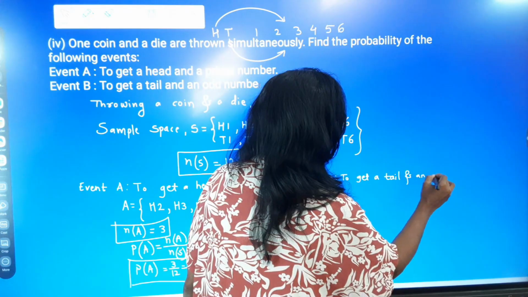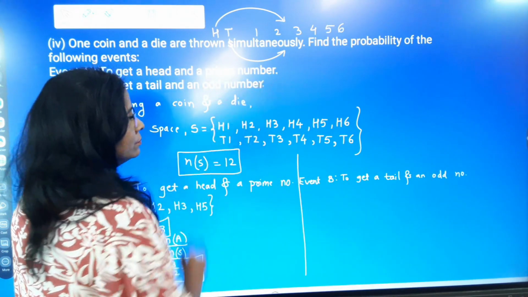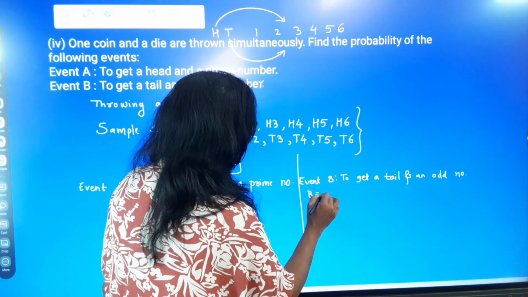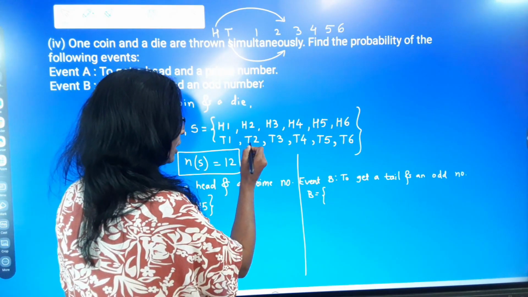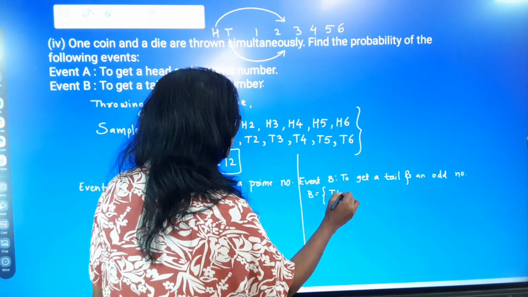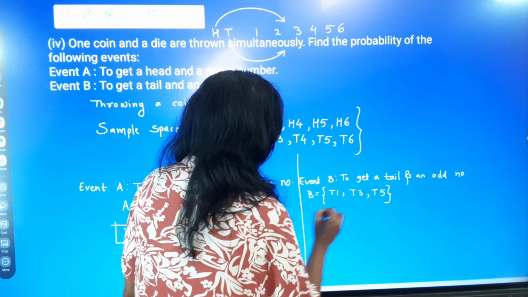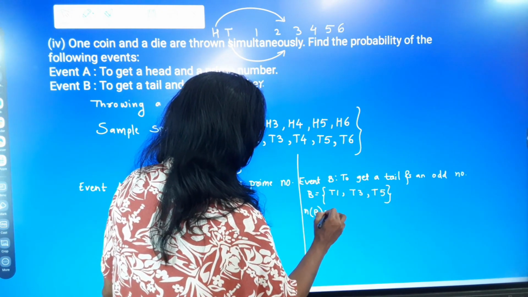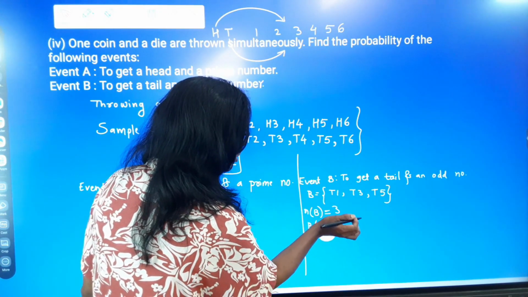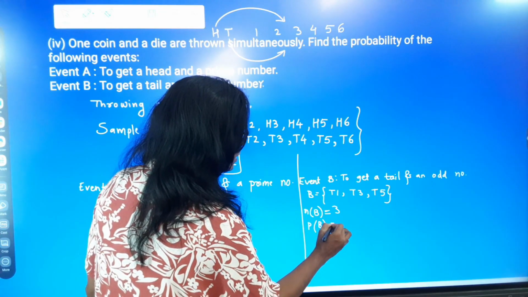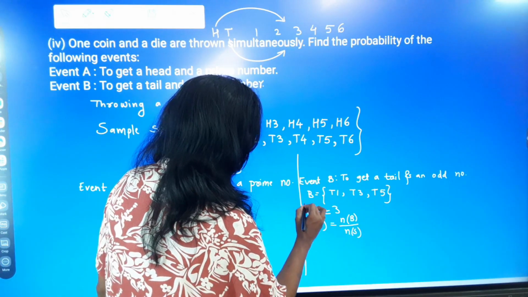The set of B will be tail and odd number, that is T1, then T3, and then T5. We write this way, and then N of B is equal to 3. So now for the probability, the event is B. So P of B is equal to N of B upon N of S. The formula becomes this way.